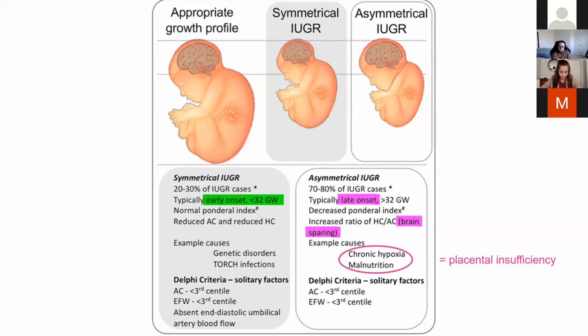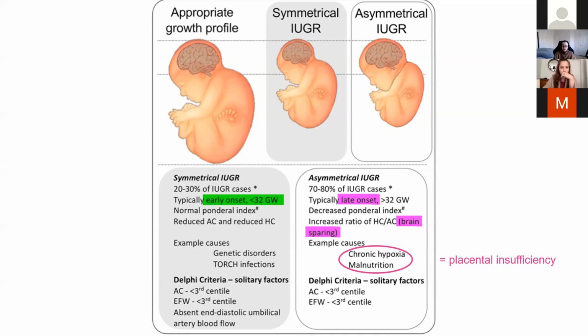If an insult occurs early in gestation, that is before 32 weeks, the baby has kind of global restriction to their growth, and so the head and the body, all parts of the baby, are symmetrically affected.